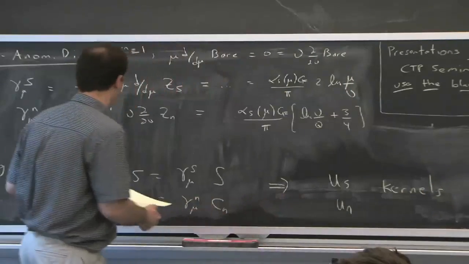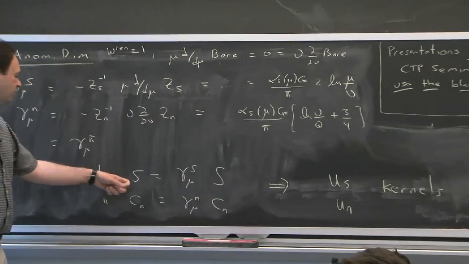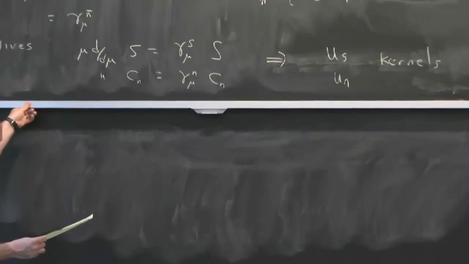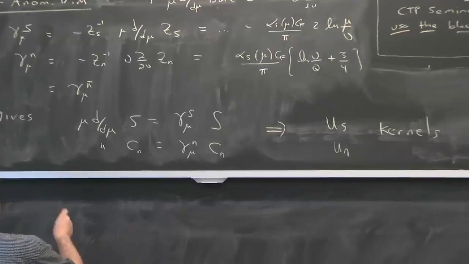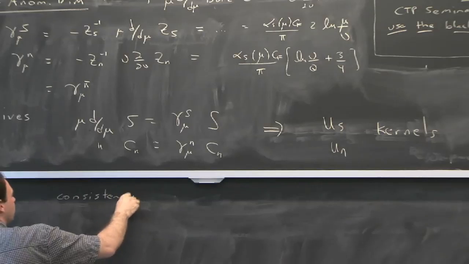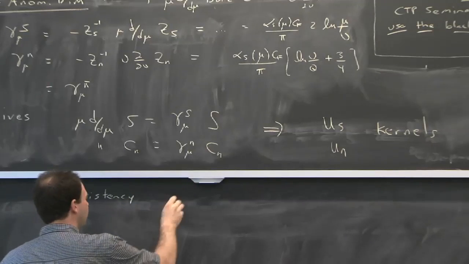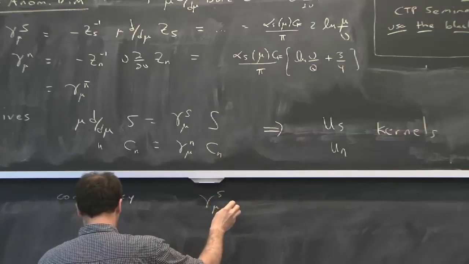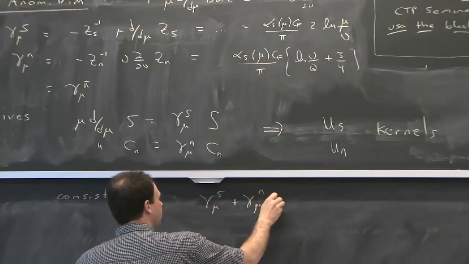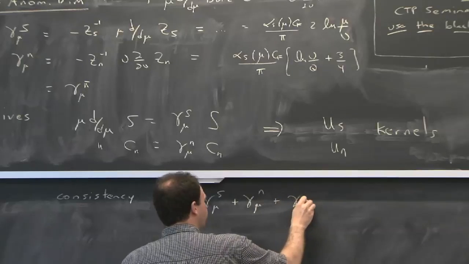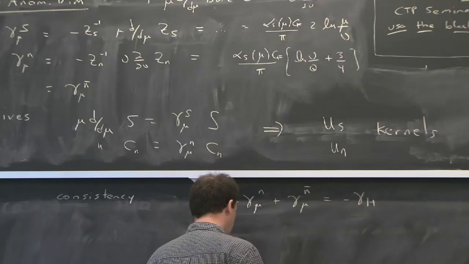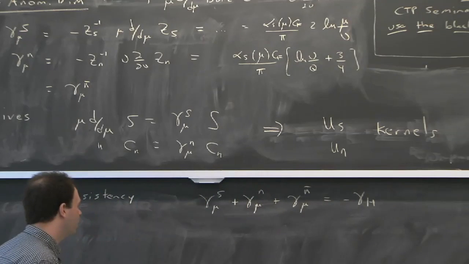It's a simple multiplicative RGE: this is mu d by d mu of log S, and you just integrate the way we've done before. And consistency says that you could run this in this picture either way, and that is a relation between the anomalous dimensions. There's also an anomalous dimension for the hard function, and if we add them all up, we get 0. We pick the sign conventions accordingly, so you could write the relation that way.